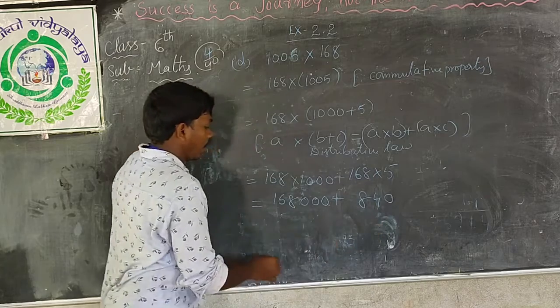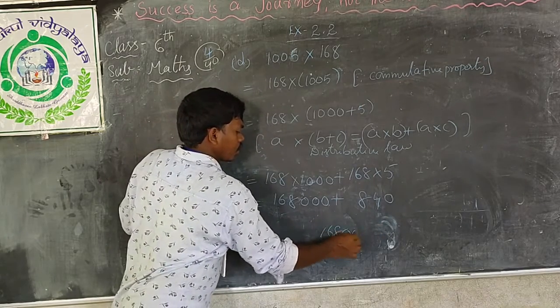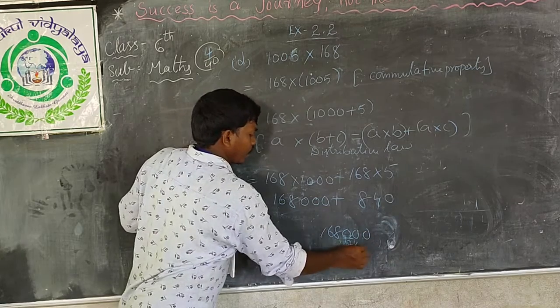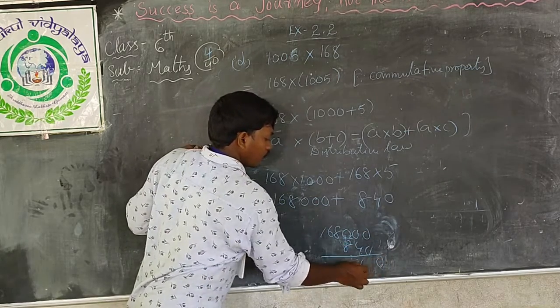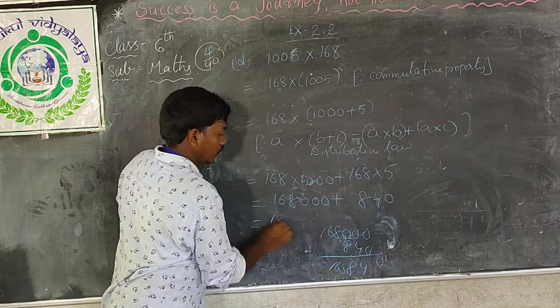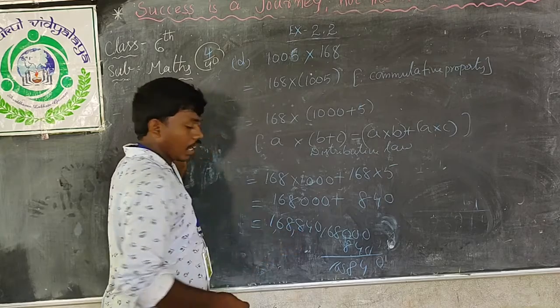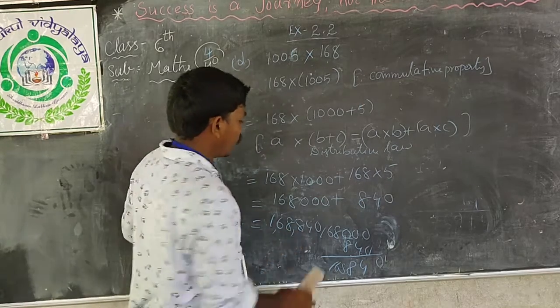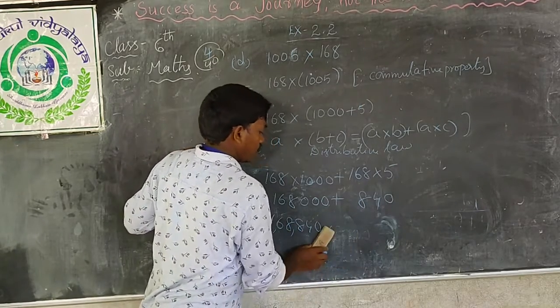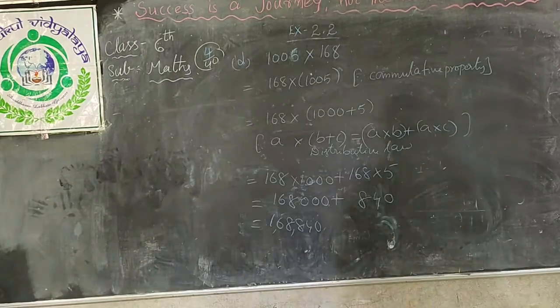So now add, what is the value? 168000 plus 840 is 168840. Very easy now. 1,68,840. So this is sum number 4.